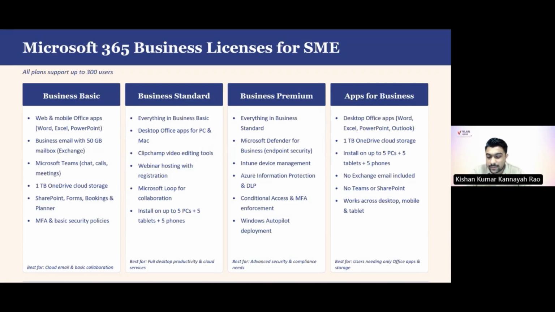The last portion of the licenses that we have is Apps for Business. Apps for Business is a little different compared to the first three, because it is apps only. You don't get any email services inside.